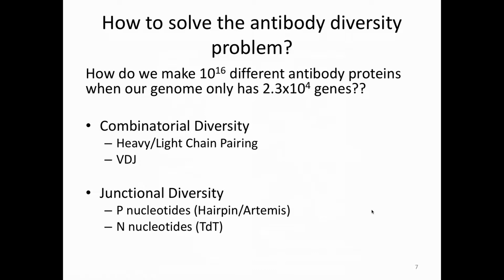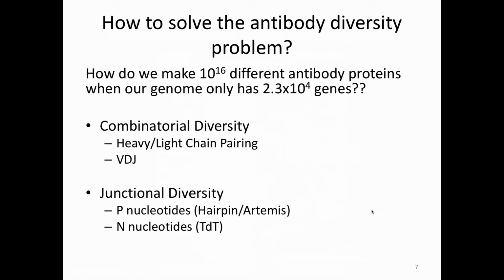You can see that there are two answers: something called combinatorial diversity, and something called junctional diversity. And under each of those, there are two different pieces. We're going to walk through all those pieces today. So obviously you don't know what all these words mean right now. But when you come back to study for the exam, this is going to be a very helpful outline slide for you.